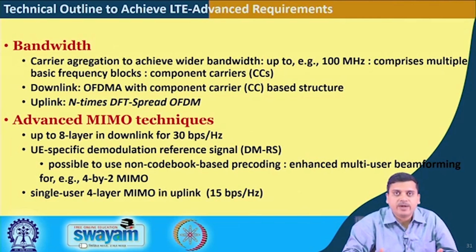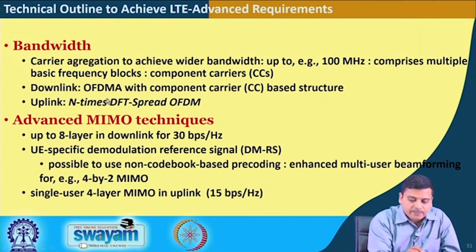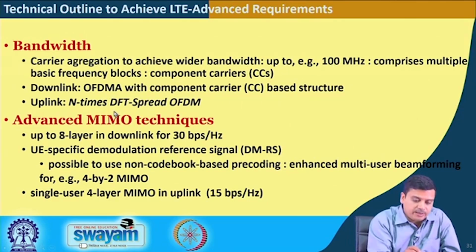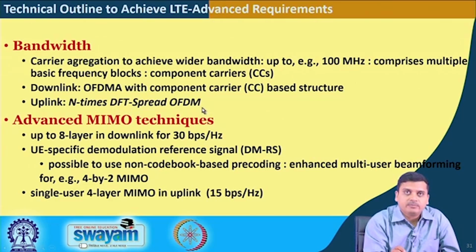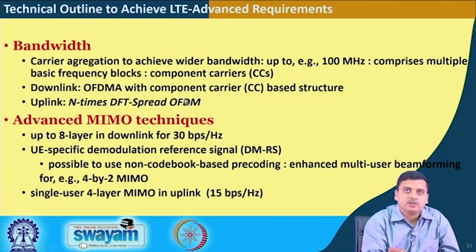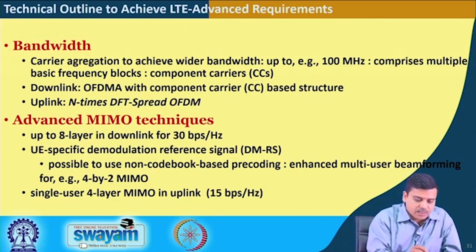As you increase the bandwidth, you can clearly enhance the data rate, so this directly contributes to the data rate enhancement. In downlink, OFDMA with component carrier based structure is used, and in uplink the DFT spread OFDM is used. These are well described in the IMT Advanced technology. We will also see them when we are discussing the details of the waveforms as things move towards 5G.